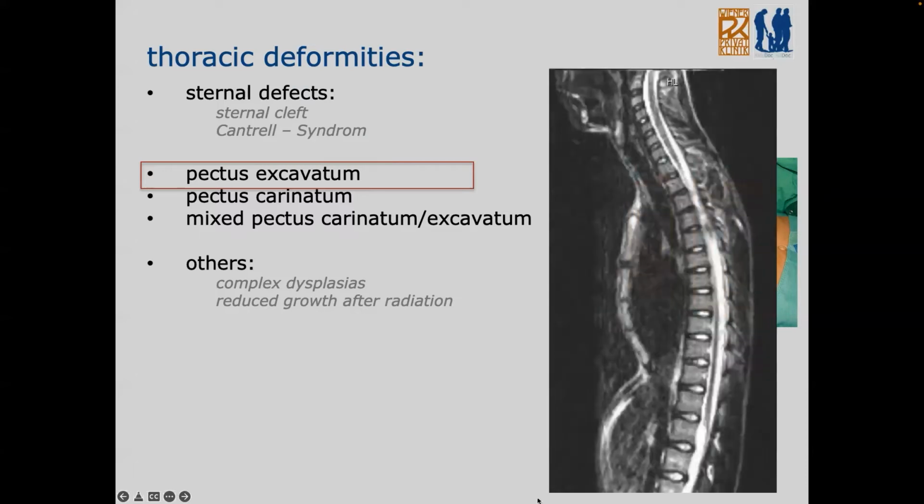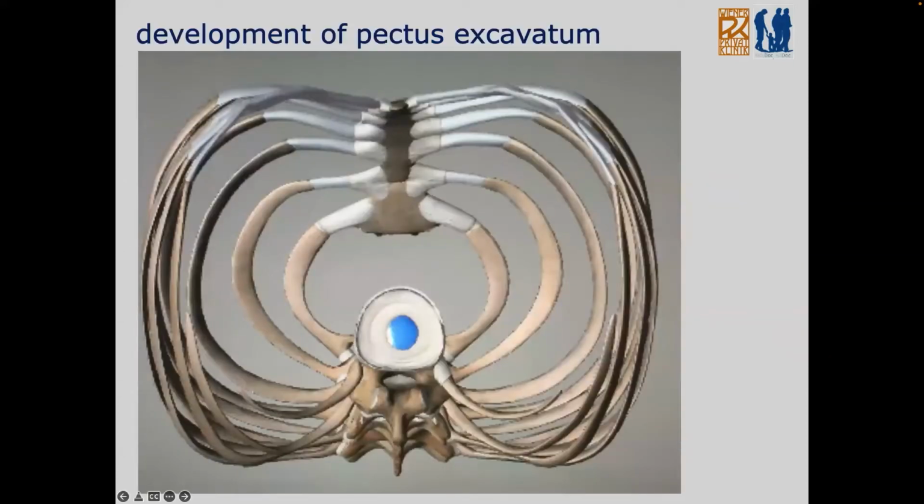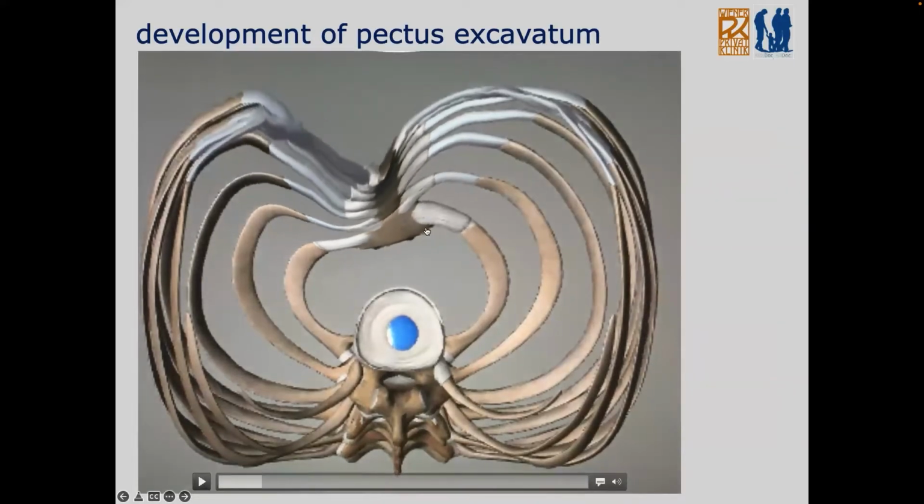The sagittal MRI shows the sunken corpus sterni with remarkable bone nuclei until the growth is finished. Here you can see the development of Pectus excavatum graphically animated, mostly taking place during the pubertal growth spurt.